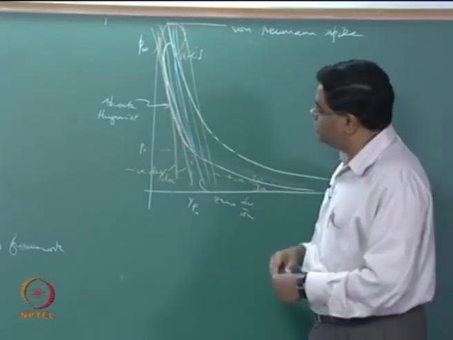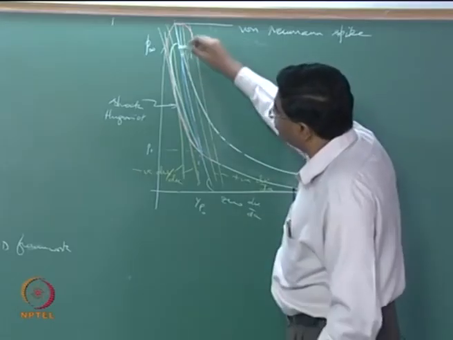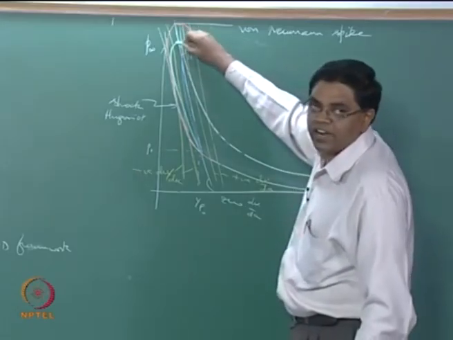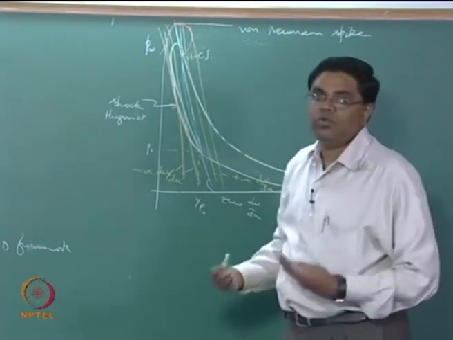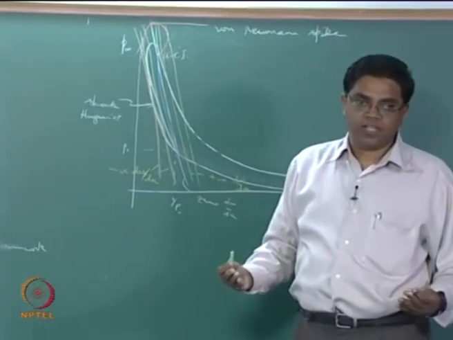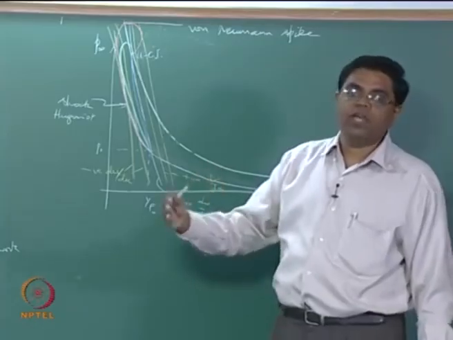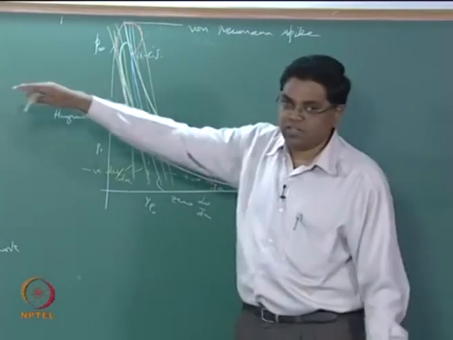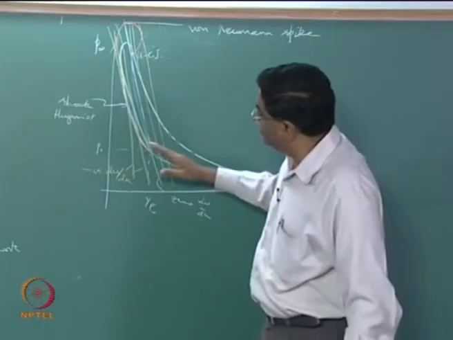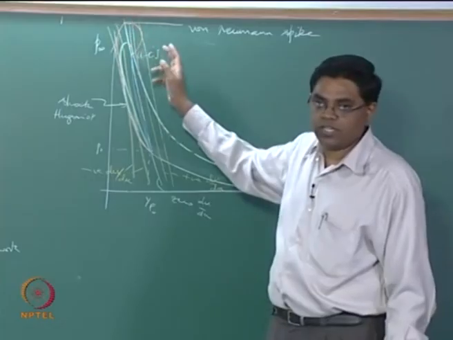Whereas if you had modestly reacting mixtures, you could still go through a pressure that is higher than the Chapman-Jouguet downstream pressure, and that would lead to something like a von Neumann spike. But the worst case von Neumann spike that you can get is when you're thinking about the ZND model, where you are saying all you have is a shock to begin with and then you have chemical reactions following that.